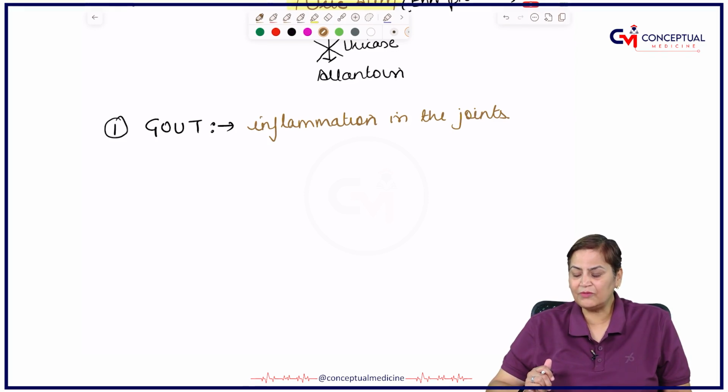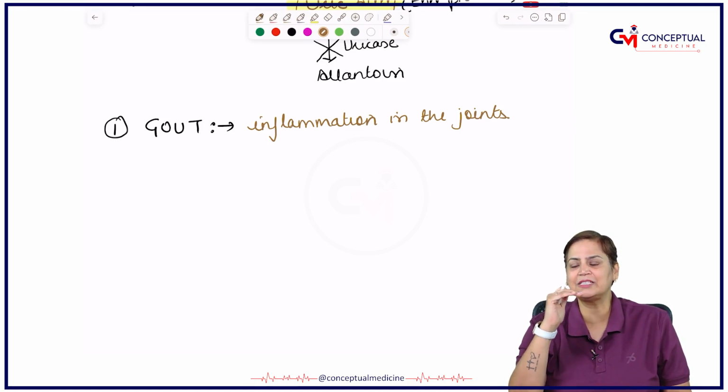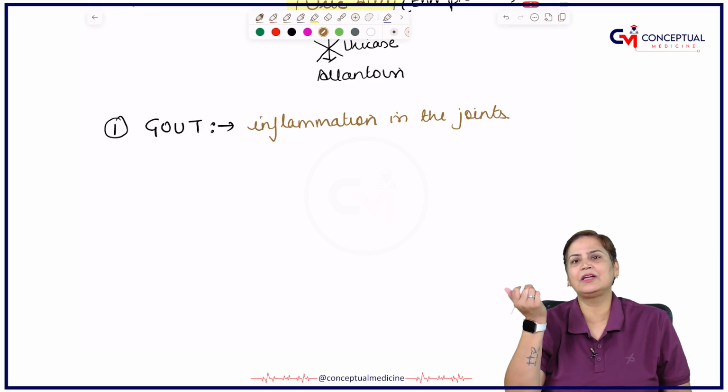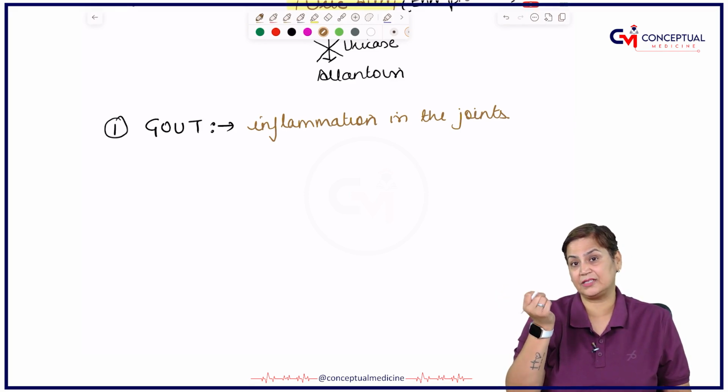So this sodium will precipitate with the uric acid, forming sodium urate crystals. And so, by the sliding filament theory of the joints, the joints cannot slide over one another, leading to pain. The movement will be difficult, and it will be difficult for an individual to move also. So that is known as gouty arthritis.